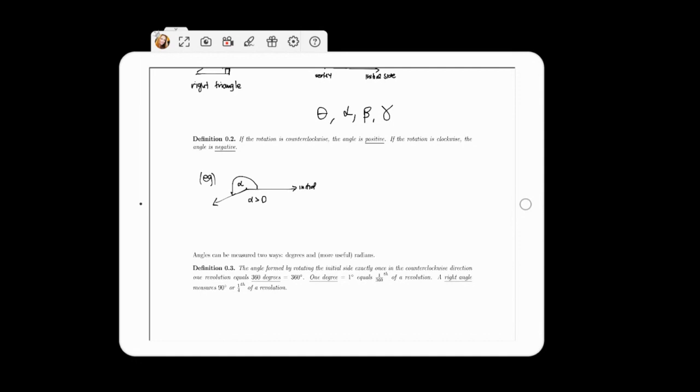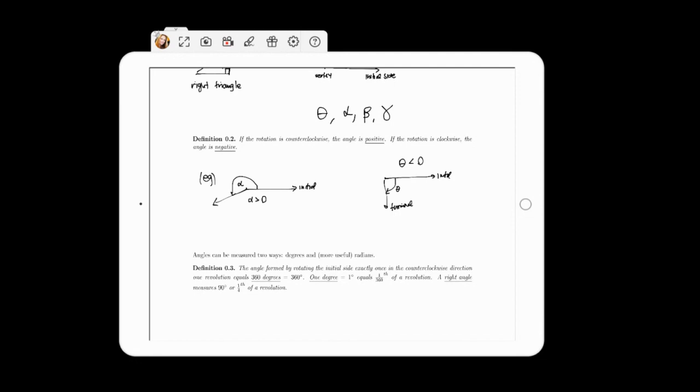As another example, if this is our initial side, and we have this angle here, theta, going up until our terminal side, then this is clockwise, so theta is an example of a negative angle. So an angle can be positive or negative.